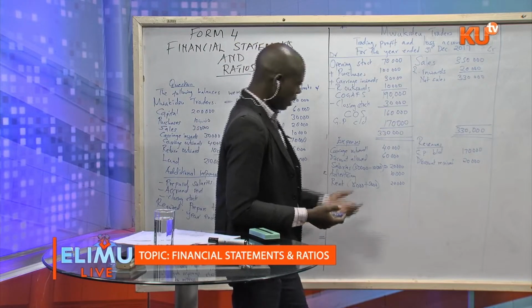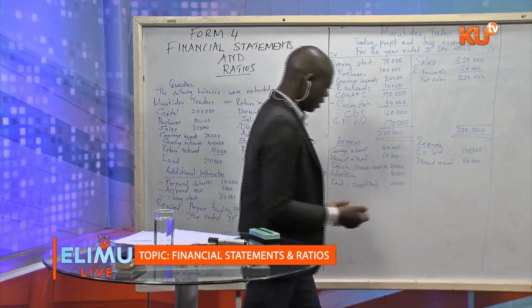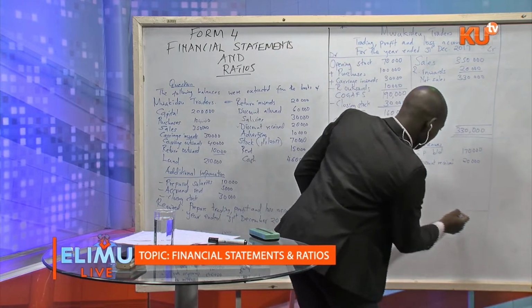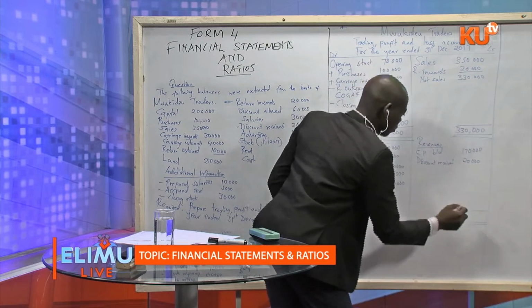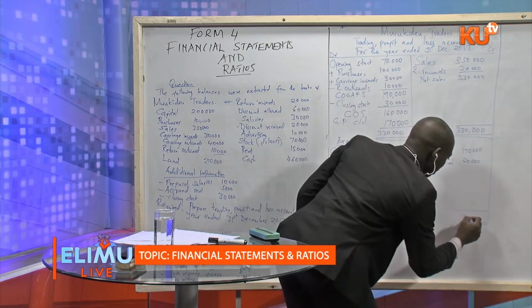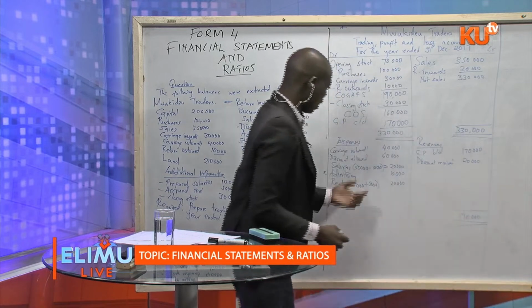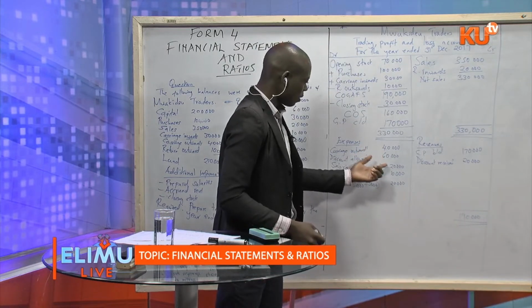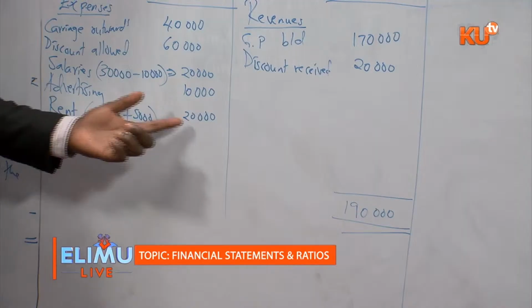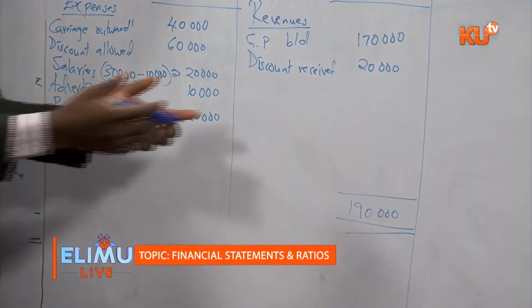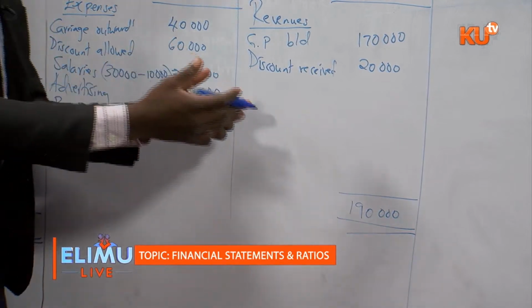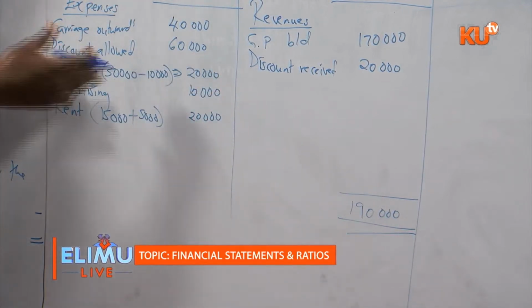Definitely you can easily tell that the CR will be higher than the DR. So to obtain the figure, the CR has a total of 170,000 plus 20,000, that is 190,000. And so we add this: 60, this is 100,000, 120, 130, 150,000. So this side has 150, this side has 190, meaning you have more incomes than expenses.